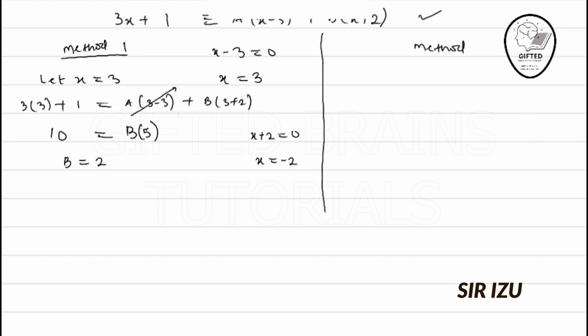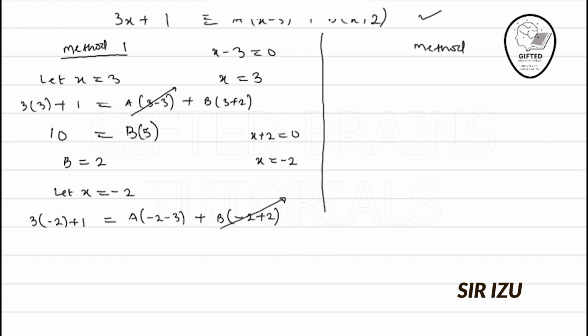And so if I say let x be equal to minus 2, I will have 3 into minus 2 plus 1 on the left hand side being equal to a into minus 2 minus 3 plus b into minus 2 plus 2. And so you see, minus 2 plus 2 will give me 0.